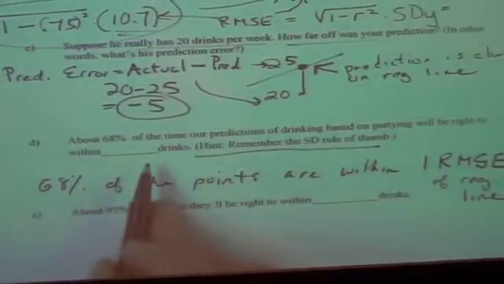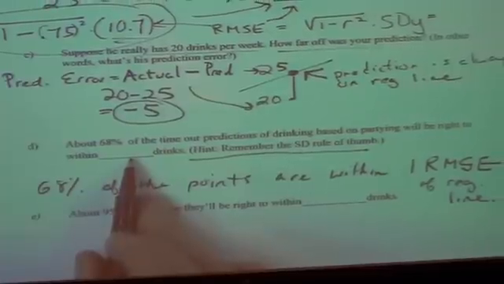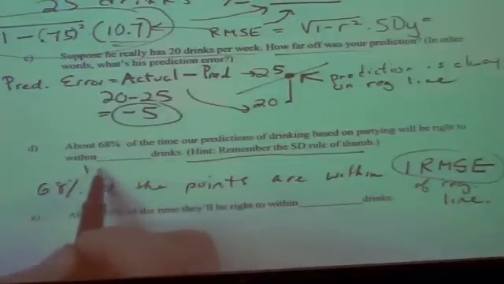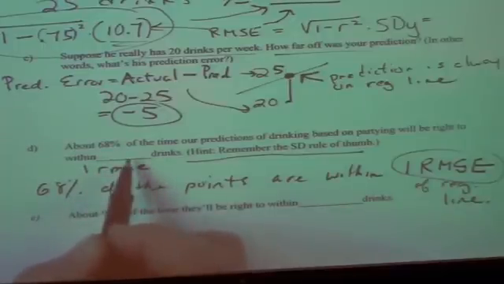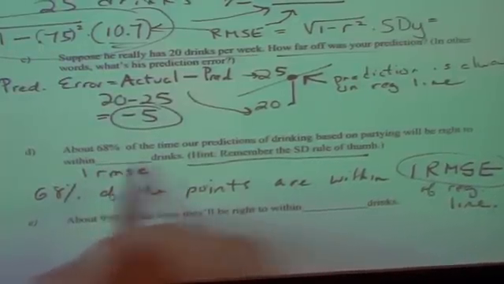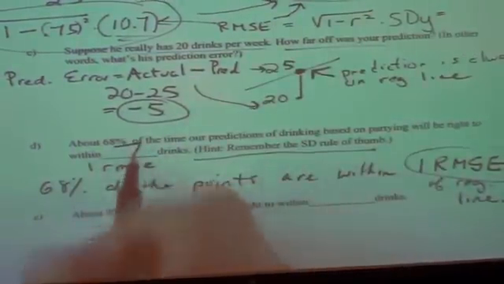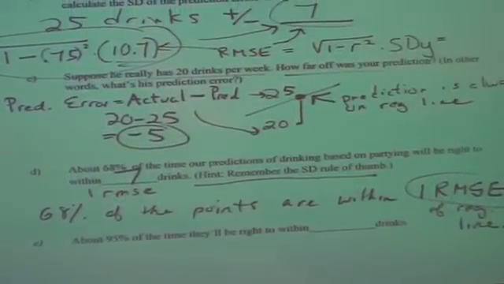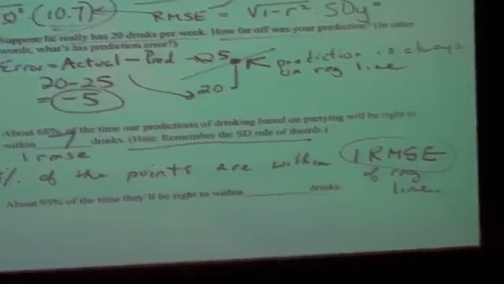So, what is one root mean square error? Do you remember what that number is? Look back up. I already forgot what it is. It's our margin of error here. It's 7. When we put that margin of error in there, we're saying, I bet about 2/3 of you who party 20 hours a week are going to be between 25, give or take 7.